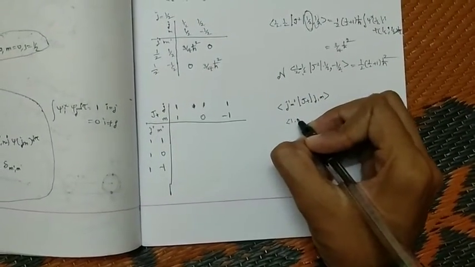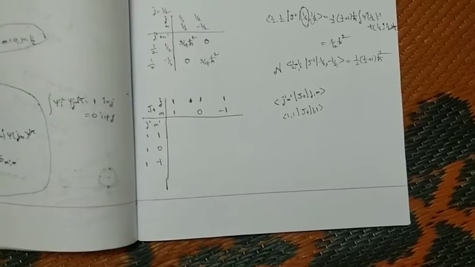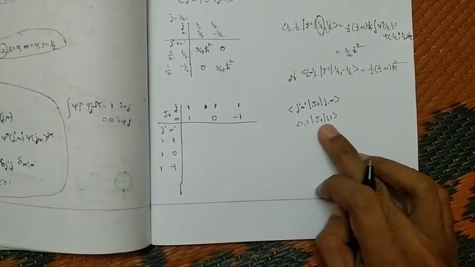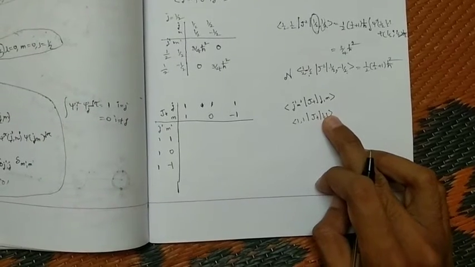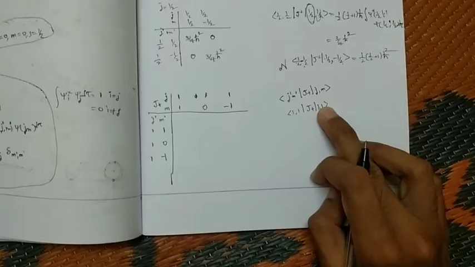So 1 comma 1 J plus 1 comma 1. When J plus operates on this, it increases the value of M by 1, that is 1 plus 1, so that is 2.